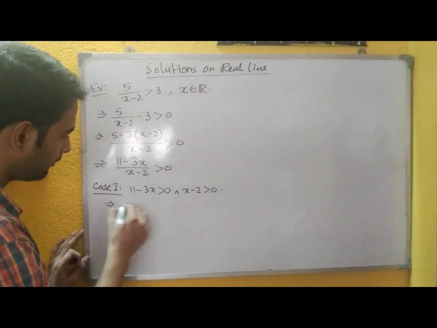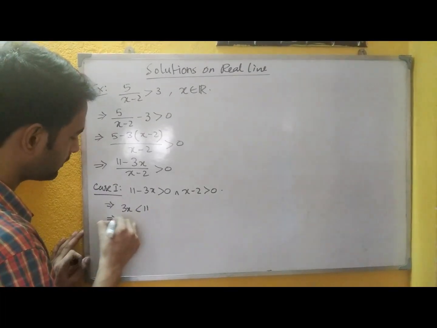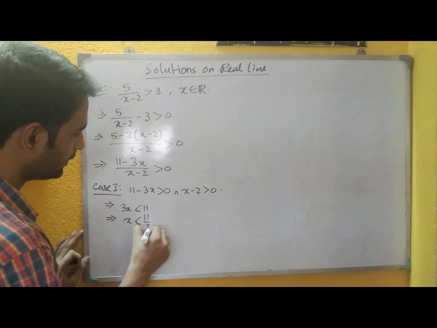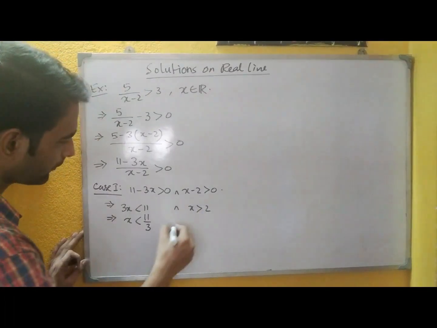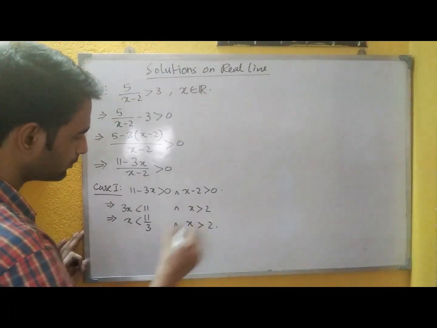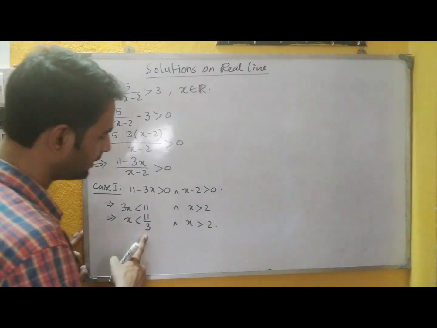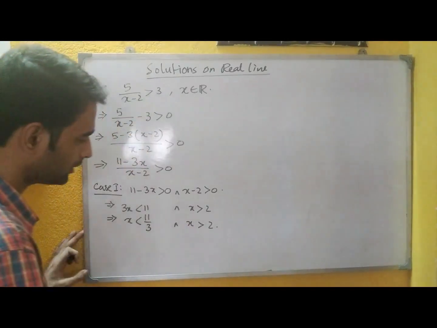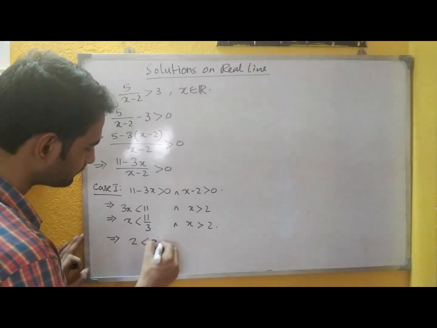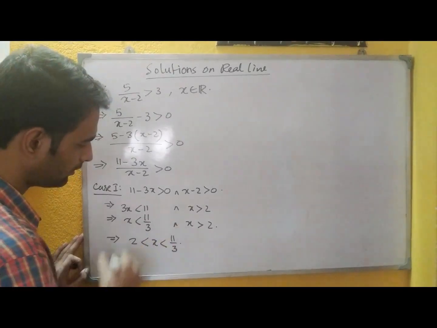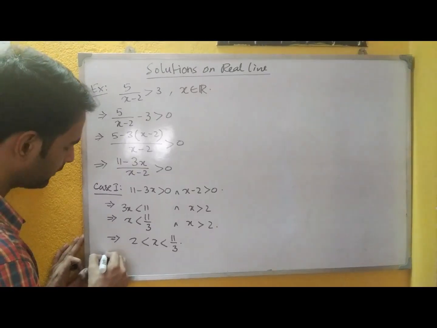Okay, so from here we get 3x less than 11, that means x less than 11 by 3, and here x greater than 2. So you are getting x less than 11 by 3 and x greater than 2. Combining these two, you can write it like this, and that becomes an open interval. So you can write the solution set.